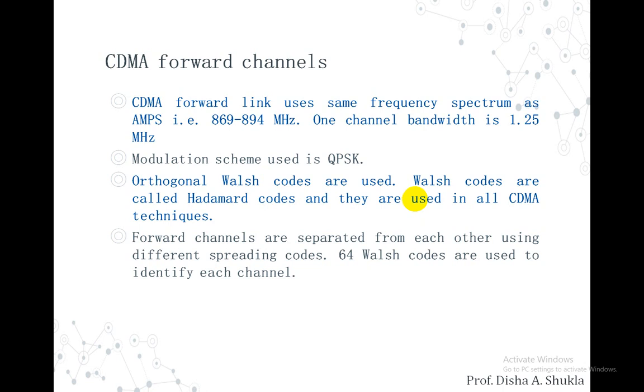The orthogonal Walsh codes are used in a CDMA forward channel. Walsh codes are called the Hadamard codes and they are used in all the CDMA techniques. Forward channels are separated from each other using the different spreading codes. 64 Walsh codes are used to identify each channel.